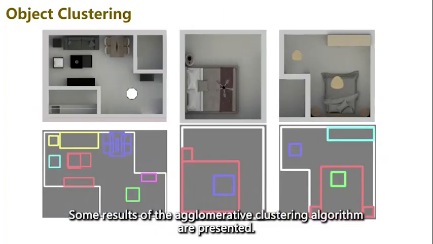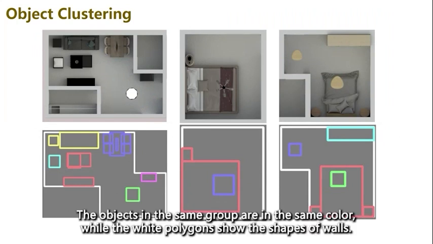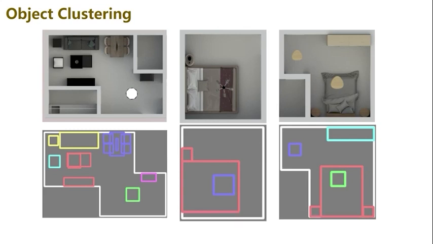Some results of the agglomerative clustering algorithm are presented. The top images show the top-down view of the room, and the bottom images are the respective results of their object grouping. The objects in the same group are in the same color, while the white polygons show the shapes of walls. More details are shown in section 3 of the paper.